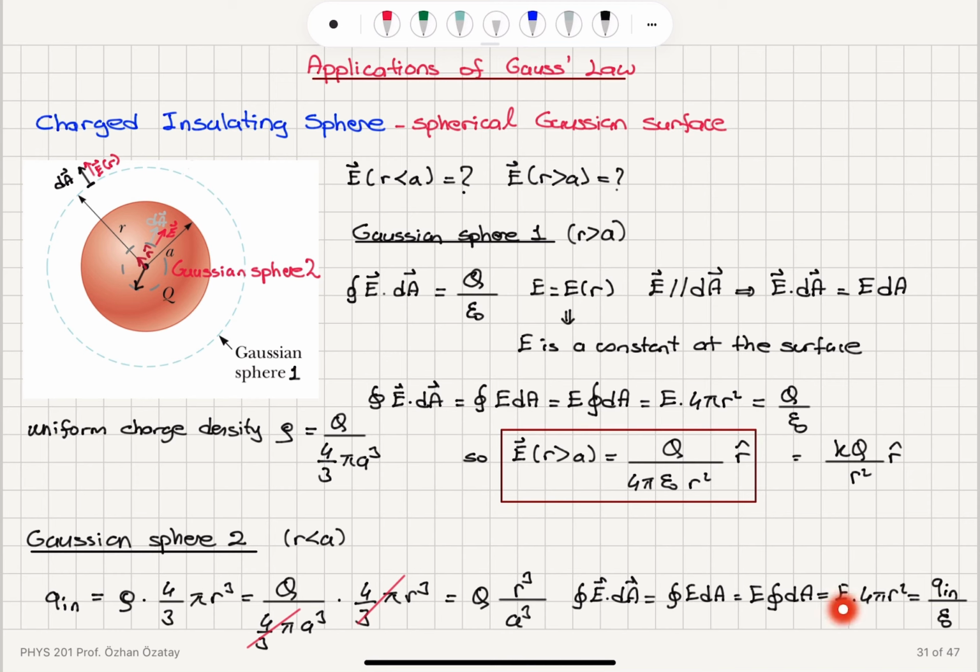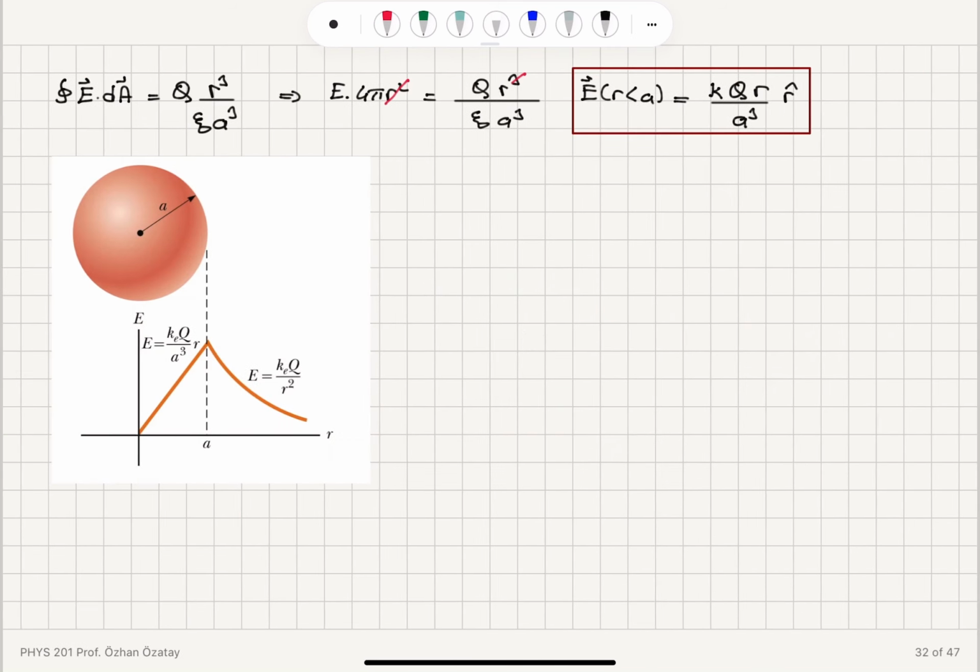E dot dA gives us E times 4 pi r squared equal to Q in over epsilon 0. Q in has now changed to Q r cubed over a cubed, divided by epsilon 0. So this gives us an electric field for r less than a of k Q r over a cubed r hat. The electric field increases linearly with distance from the center until we reach the surface, and after that point it decreases as 1 over r squared.